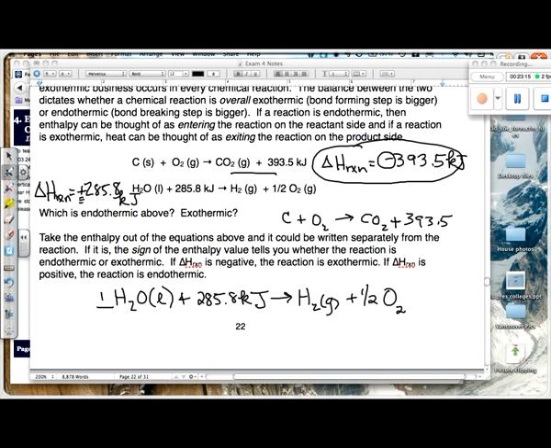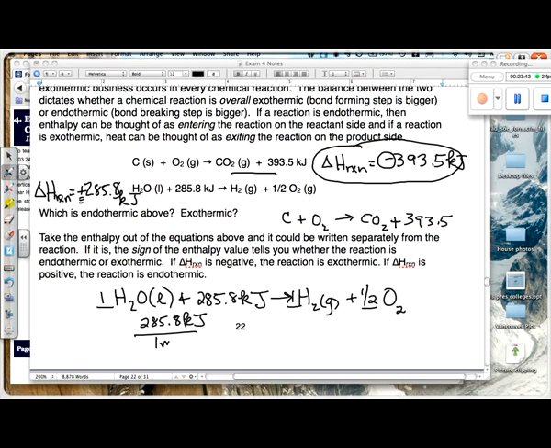That means it's for 1 mole of water, making 1 mole of hydrogen and half a mole of oxygen. So I can certainly change those amounts, and I would know exactly how much heat would have to be put into this reaction if I change the amount. So for instance, this is the amount of heat for 1 mole of water.